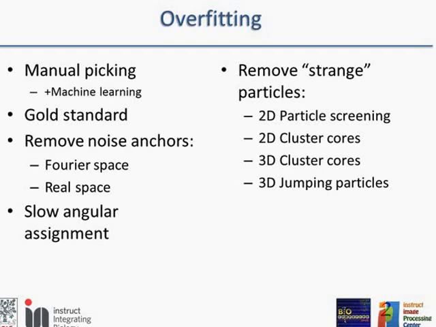Then you can try to also remove a strange particle. So during my alignment process, I may decide, okay, I don't trust this particle. So this particle, for instance, in the 2D particle screening that Jose Miguel has been showing, I may decide this particle, I don't understand it, it doesn't go with the rest, I remove it from the analysis.